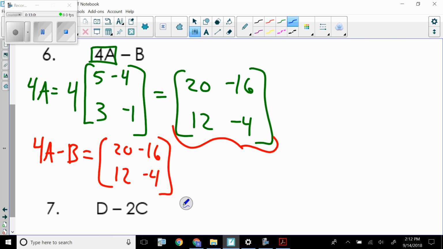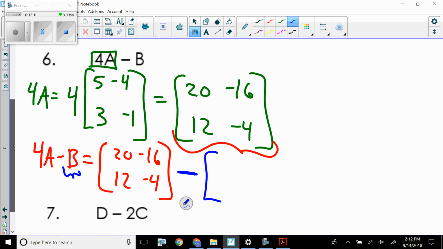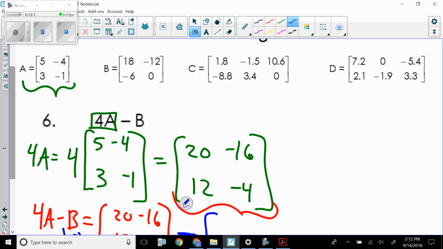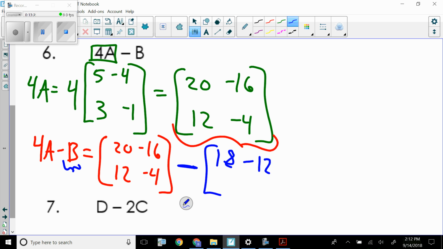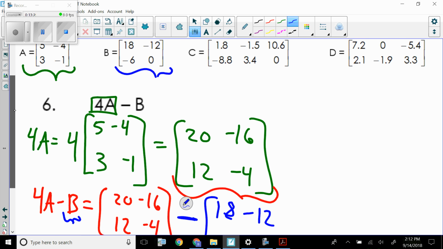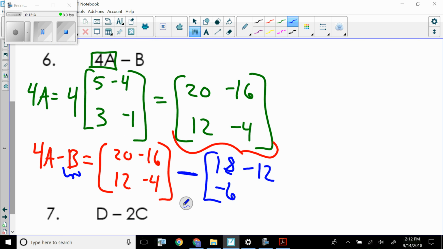Then I am supposed to subtract B. What is B? That's this thing up here: 18, negative 12, negative 6, 0. Now I just need to do that math.